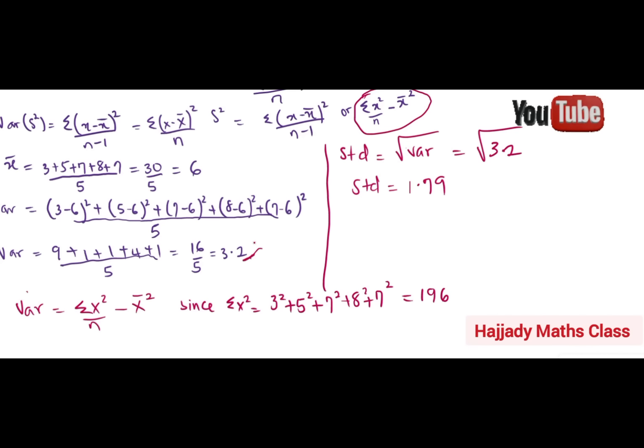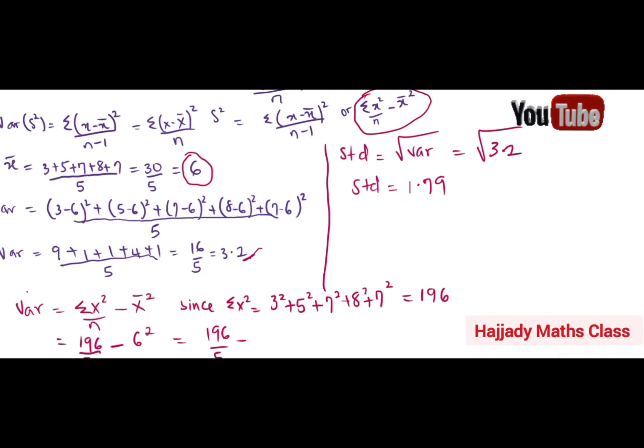Okay, and don't forget our x bar squared. So in this case, my variance here is going to be summation x squared, which is 196, over 5, which is the number of observations, minus x bar all squared, and my x bar from here is 6, so minus 6 squared. So this is going to be 196 over 5 minus 36.